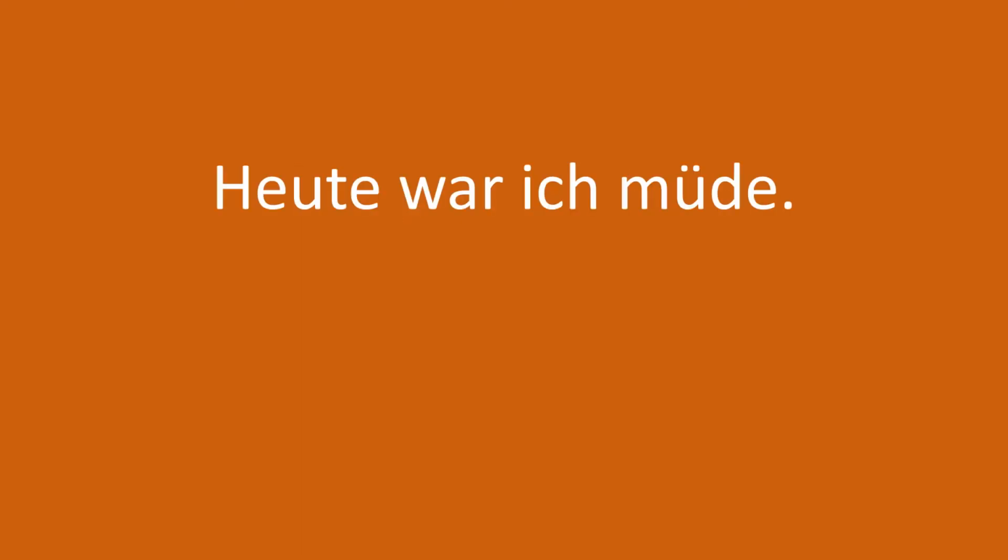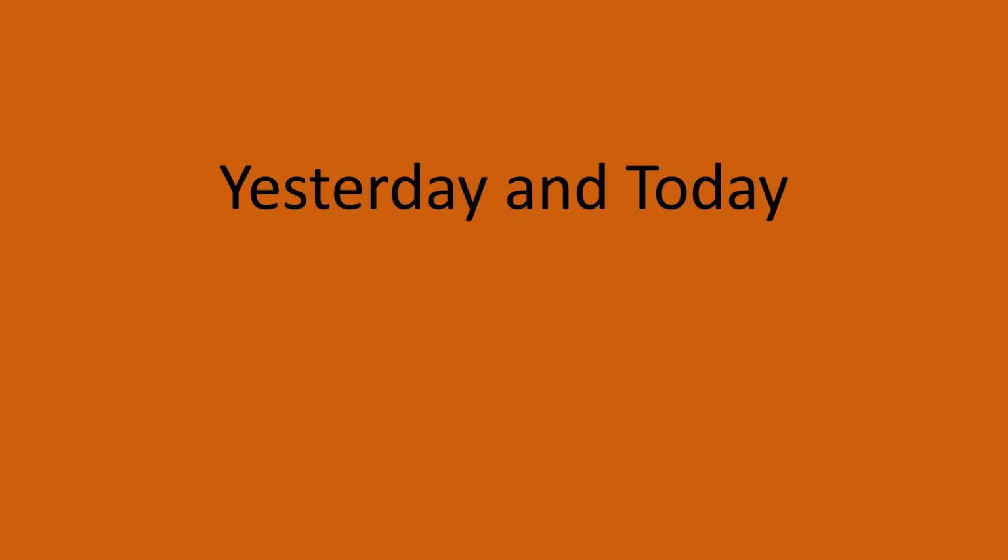Keeping in mind that the word today is like the word gestern, yesterday, in that it changes the sentence a little bit and switches the order of the first two words. Heute war ich müde. So how do we say yesterday and today? Gestern und heute.